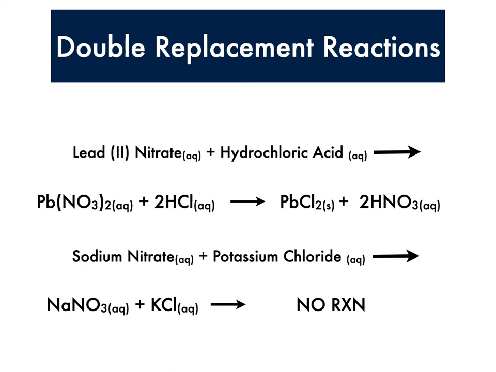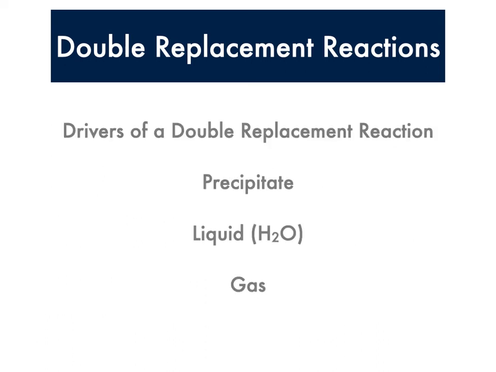So kind of as a point about double replacement reactions, there are certain drivers of double replacement reactions. One is the formation of a precipitate. That will ensure that you are producing a particular chemical bond there because 2 things are going to form that ionic bond that are not going to dissolve in water. They're going to precipitate out. The other thing is the formation of a liquid.